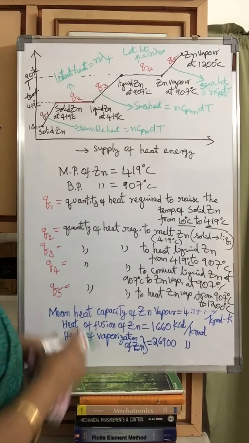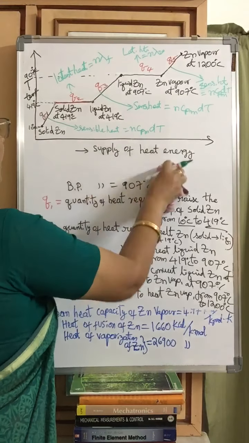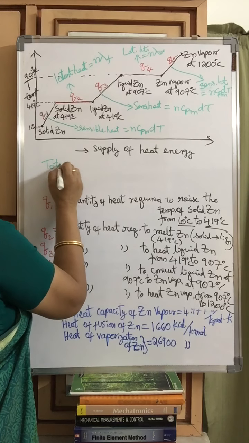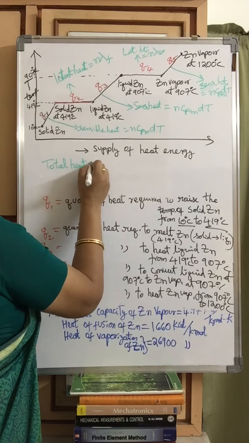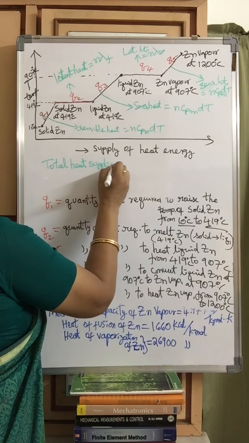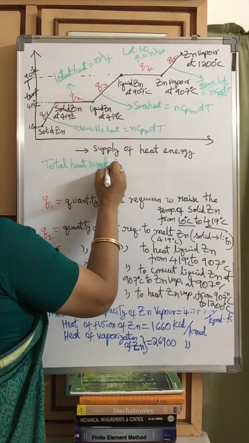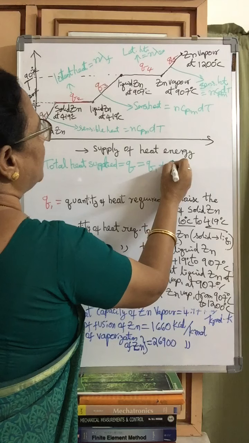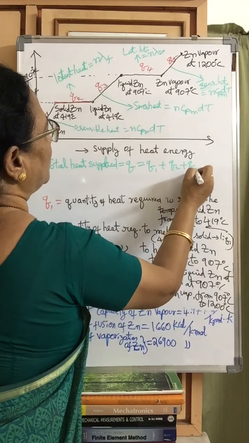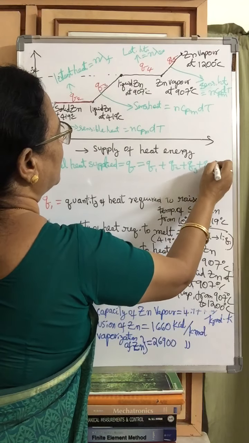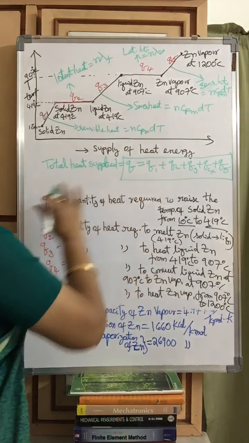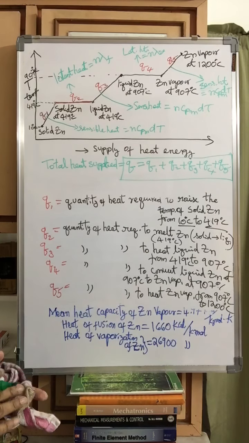Then the total heat supplied is Q, equal to Q1 plus Q2 plus Q3 plus Q4 plus Q5. That is how to calculate.